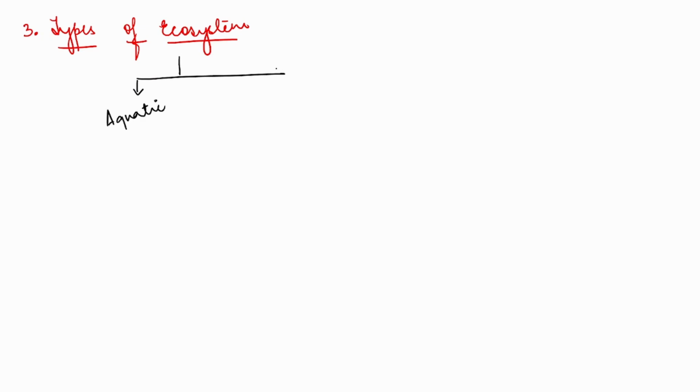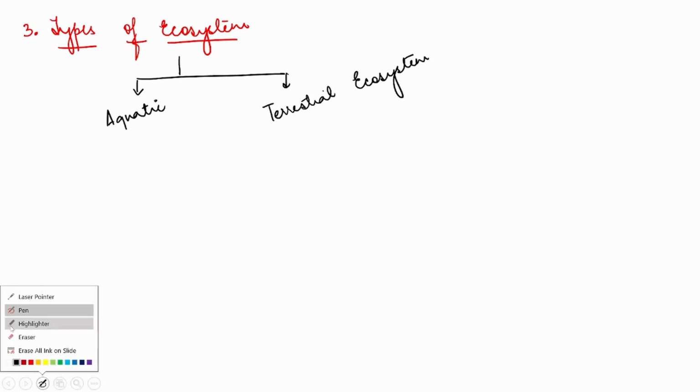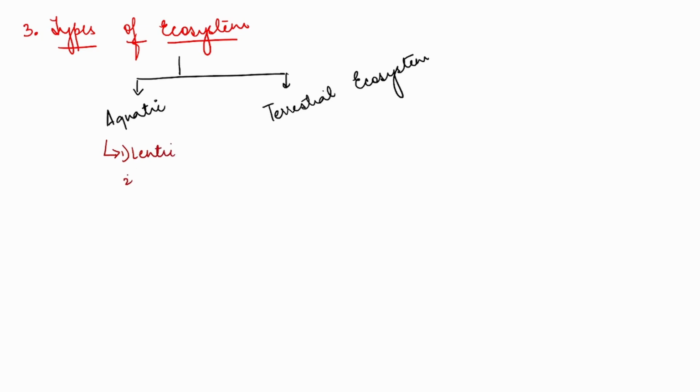Next, we are going to see the types of ecosystem. First, two types of ecosystem: one is aquatic and the other is terrestrial ecosystem. Under aquatic, we have lentic, lotic, and wetlands.